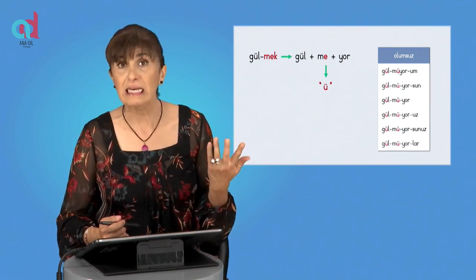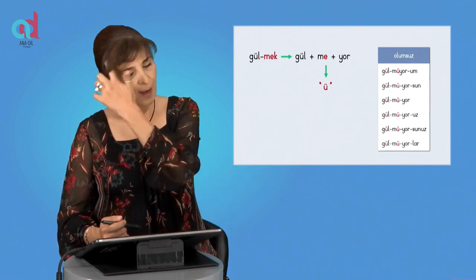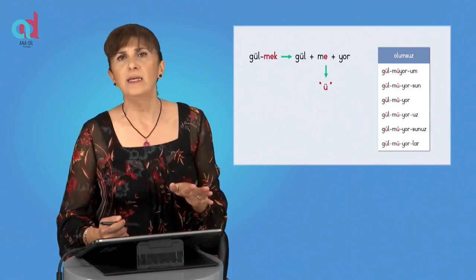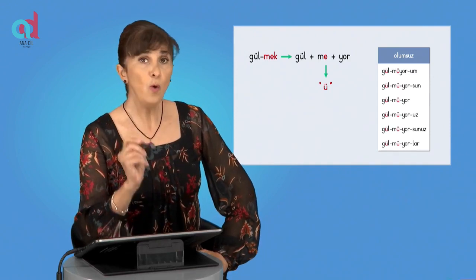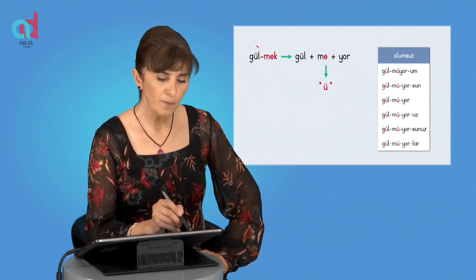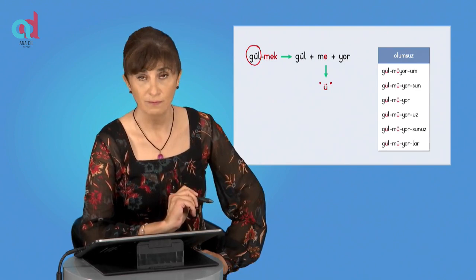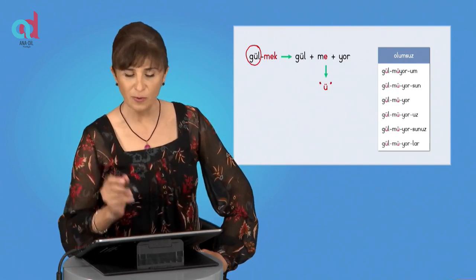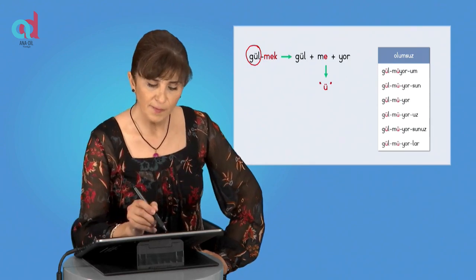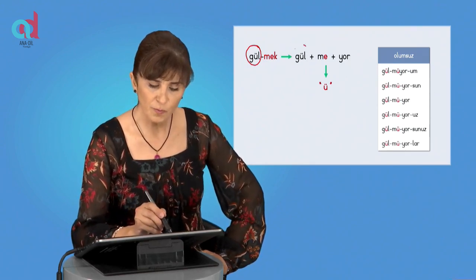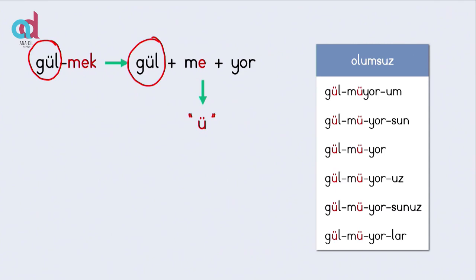not smiling case, the negative one. This is also very easy. You'll see what I'm talking about. Here we go. We always start with the root. This is the basic rule. Then this one is our negative suffix.